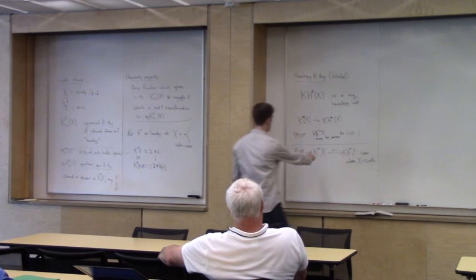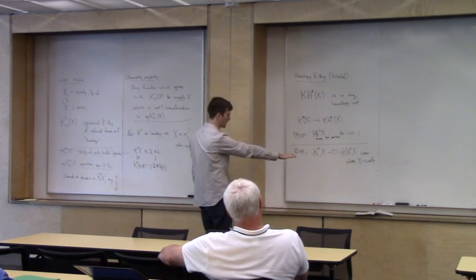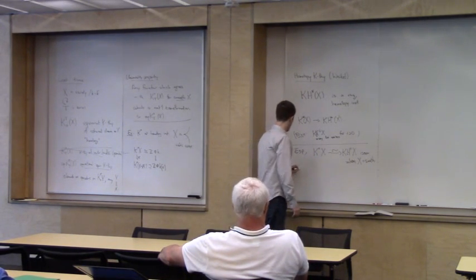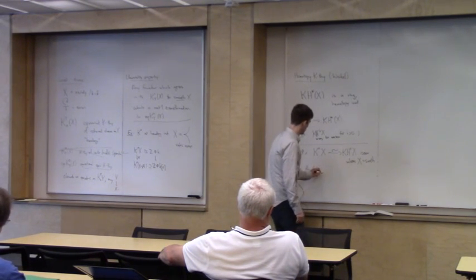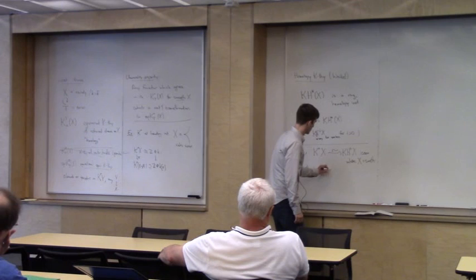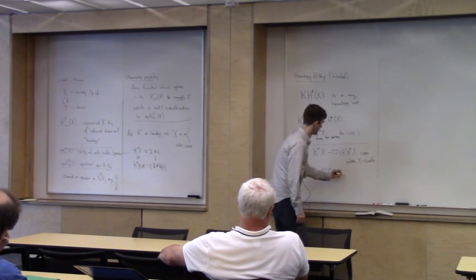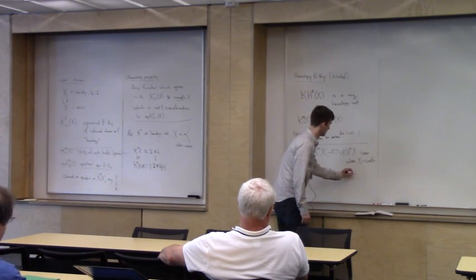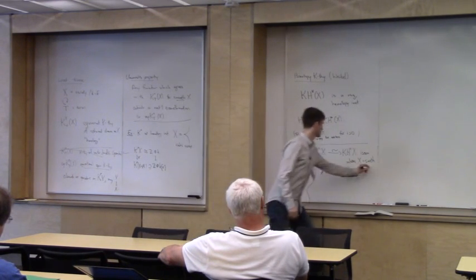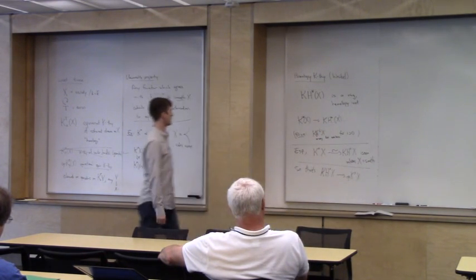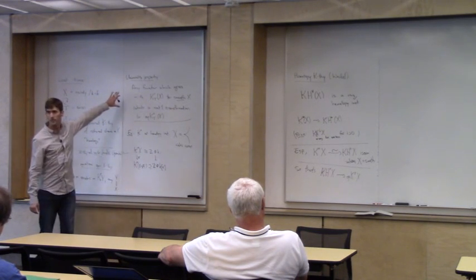But in particular, because this is a functor that agrees with K on smooth schemes, there's definitely a transformation for any scheme X, for any variety X, by this universality property.